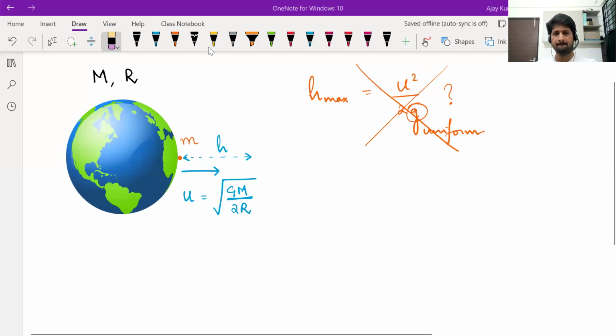So can we find the gravitational potential energy at that height? And then find the difference from the initial potential energy. What will difference in potential energy give you?